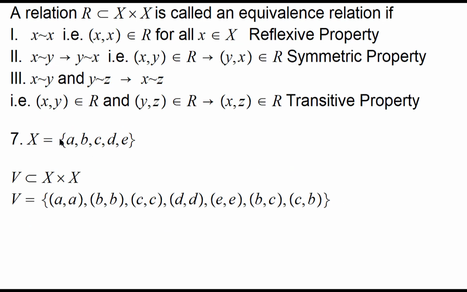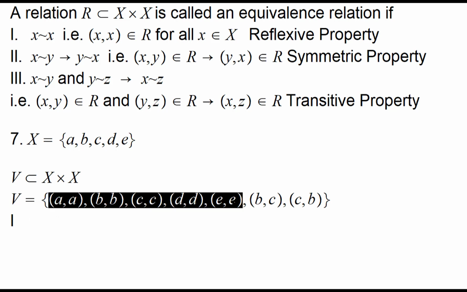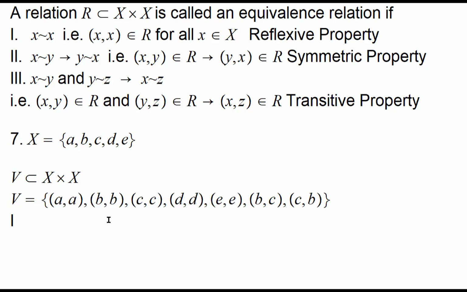We have the same set. So again, for part 1, when we look for it being reflexive, you can see all the 5 elements are related to themselves. So it is reflexive. And then for part 2, here you can see that I inserted CB in there.